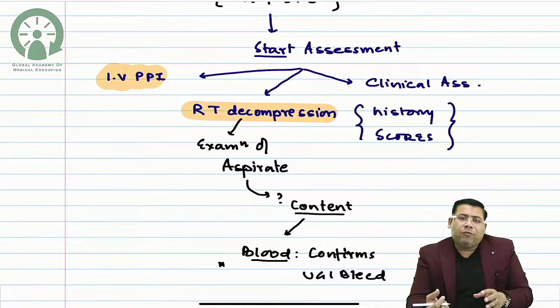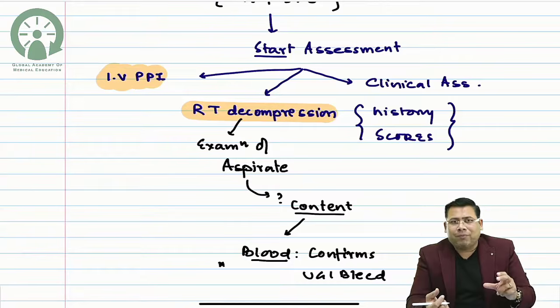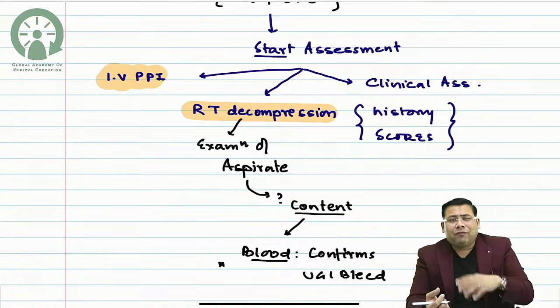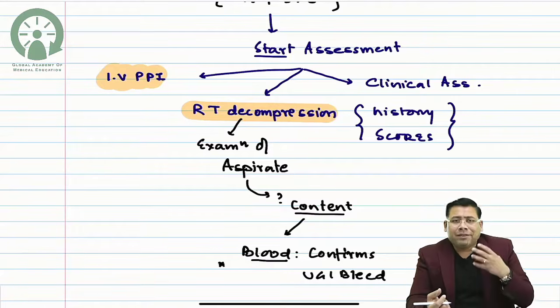And what is the role of PPIs? It is not going to stop the GI bleed. It's not a coagulant. Try to understand, it further reduces the incidence of GI bleed. How? Because it reduces the acid level, and hence the further damage to the vessels or the capillaries is minimized.